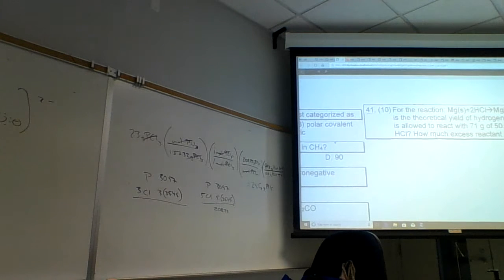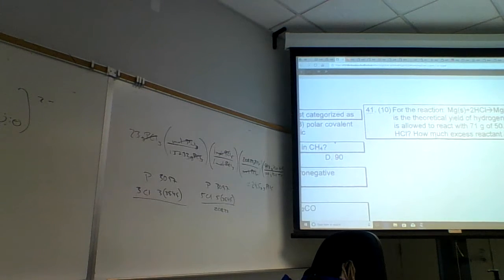And so I might ask you, calculate the liters of hydrogen gas produced. But in this case, I didn't specify, did I? What is the theoretical yield? Well, if we didn't specify, we'll just do it in grams. It would be easiest. You could technically leave it in moles, and some people did leave it in moles. But moles is too abstract. I'd rather have it in something we can measure easily.